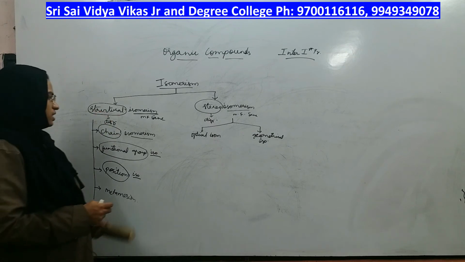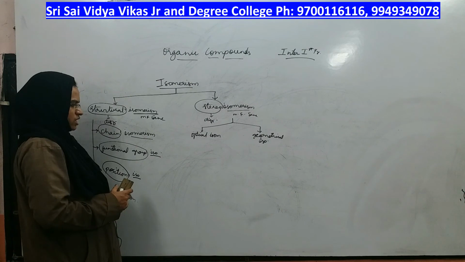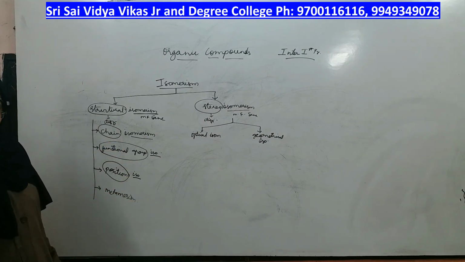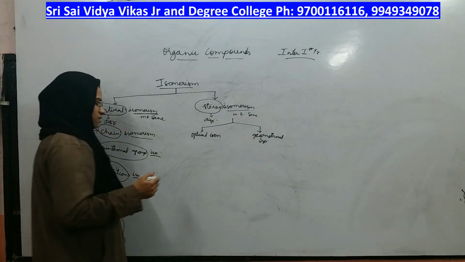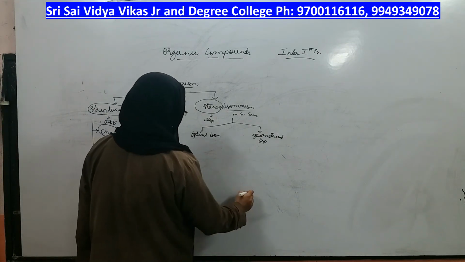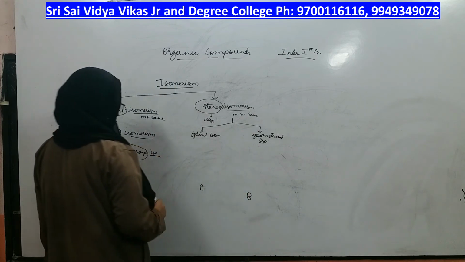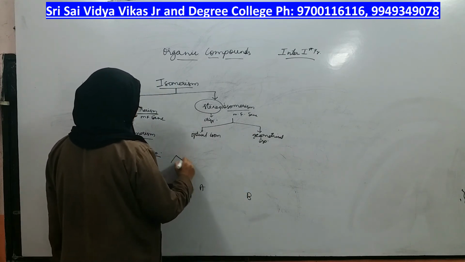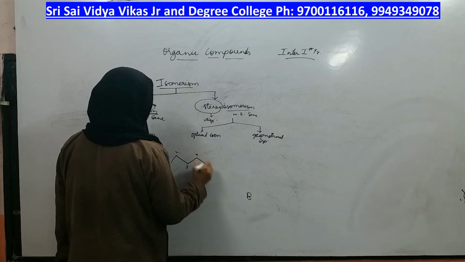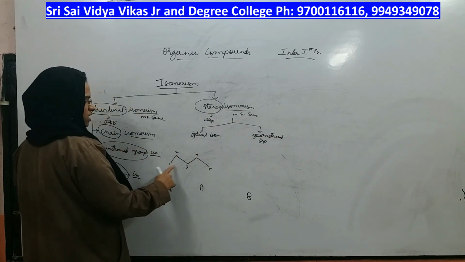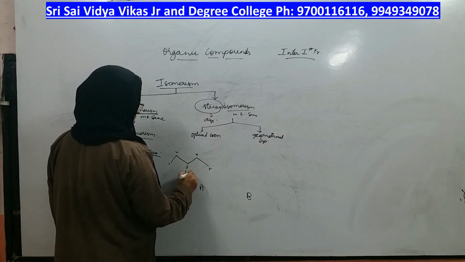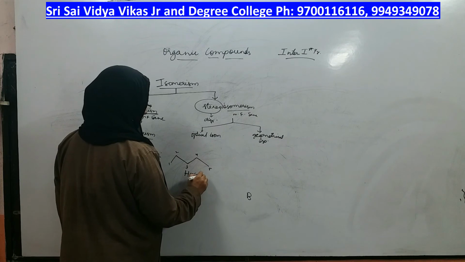Let us look at chain isomerism first, and as I already told, for each isomerism I will be taking two examples so that it will be easy for us to compare, right? I will take compound A and compound B. 1, 2, 3, 4, 5. What is the name of this compound? 5 carbons are present, that means it is hexane.